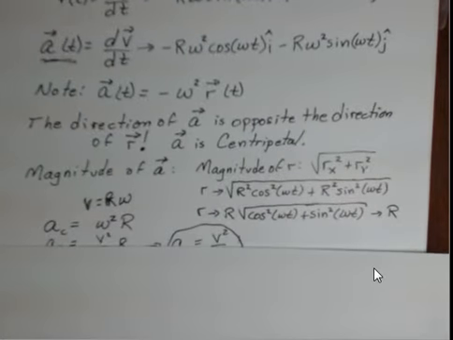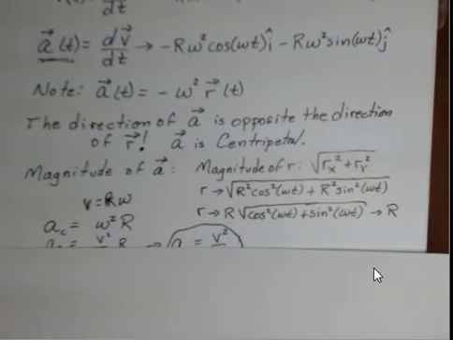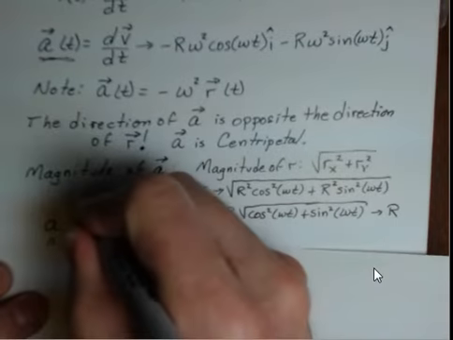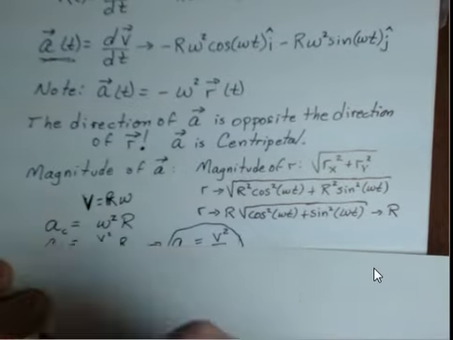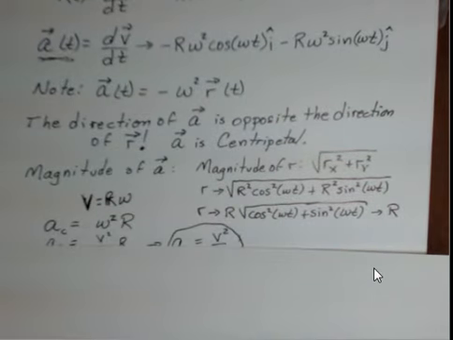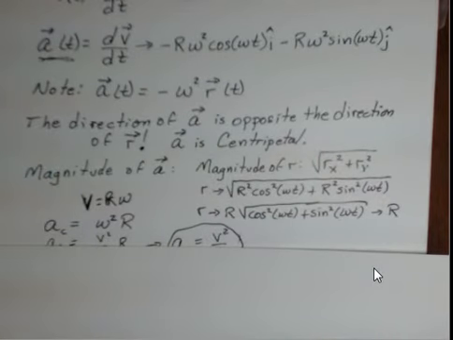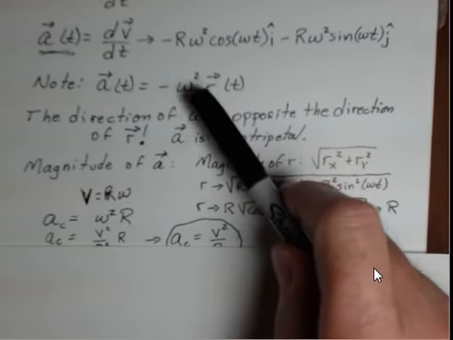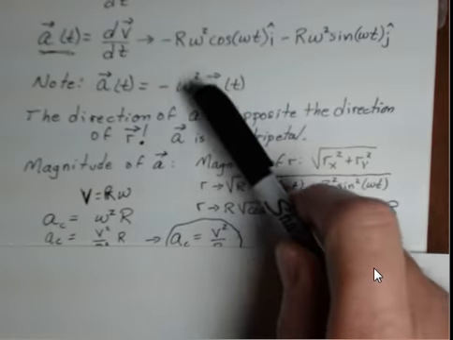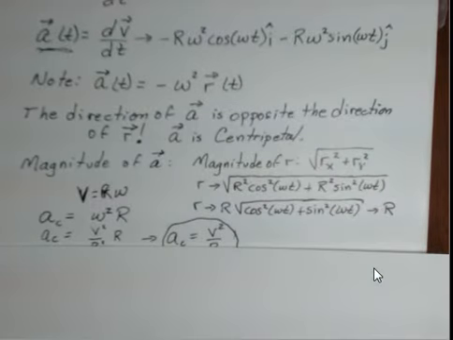Now take advantage of the fact that there's a connection between the linear velocity, v, the radius of the circle, capital R, and omega. V is equal to R times omega. So I have from up above that the acceleration magnitude differs from the radius vector by omega squared.